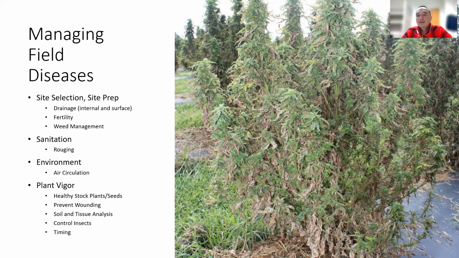Healthy plants can be more resilient to diseases. We have to make sure that we use healthy planting materials. We minimize any wounding on plants. We give fertilizer to our plants. We control the insects, and we plant at proper timing.